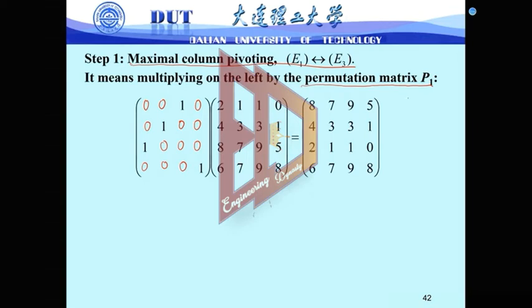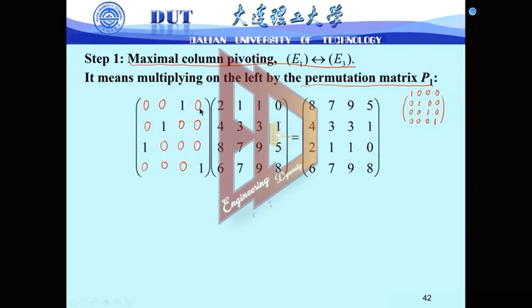So what is P1? I write here. From the identity matrix 1 0 0 0, 0 1 0 0, 0 0 1 0, 0 0 0 1. This is the identity matrix, right? Now we just interchange the first row with the third row. The first row 1 0 0 0 goes to the third row, and the third row 0 0 1 0 moves to the first row.